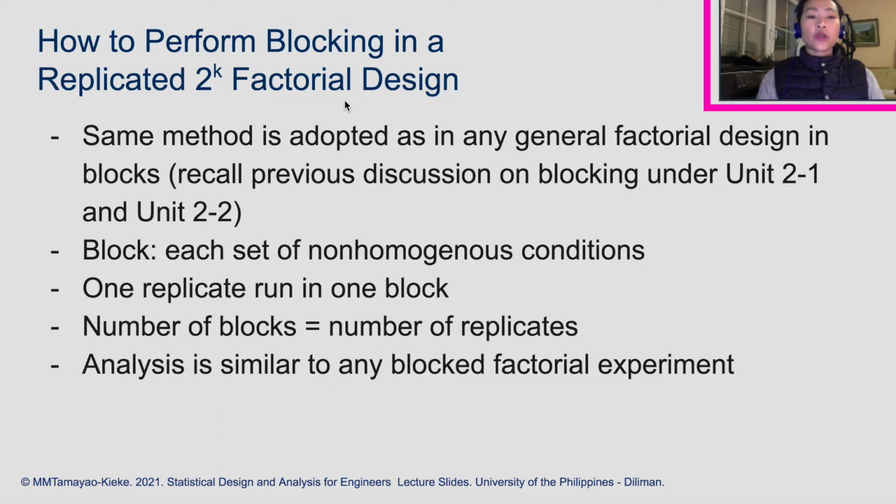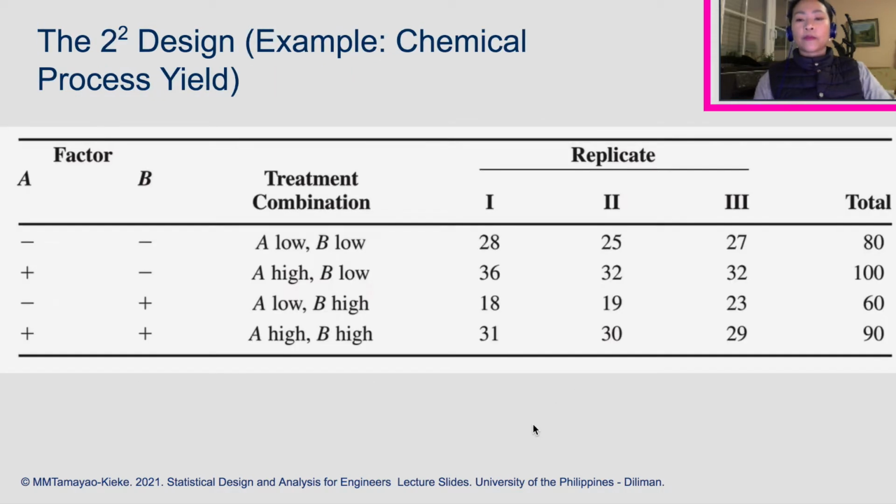The non-homogeneous conditions are actually represented by the blocks, and one replicate would be run in one block. Therefore, the number of blocks is equal to the number of replicates, and you would be happy to note that the analysis is actually similar to any blocked factorial experiment. So you are already familiar with that.